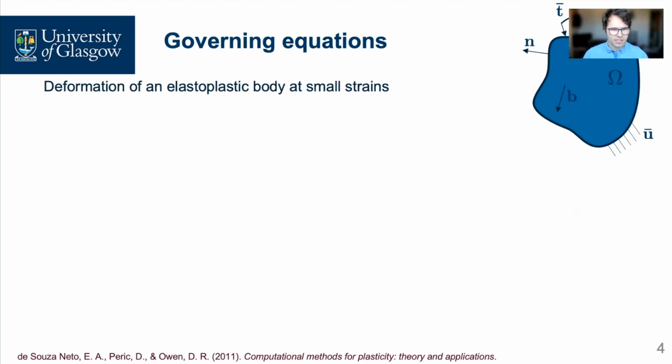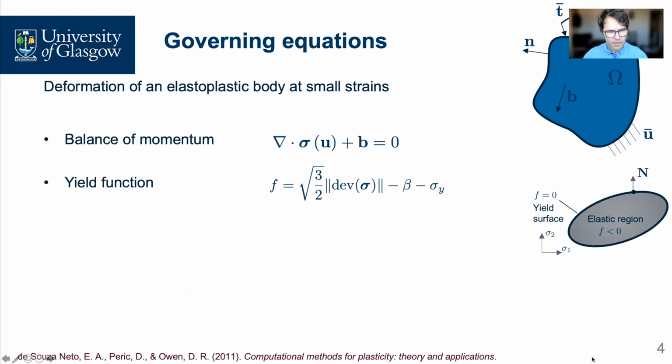So let's start. We will consider an isotropic elastic body under prescribed body forces, boundary conditions, and displacements. And as usual in mechanical problems, we have to satisfy the balance of momentum. In case of plasticity, the material properties depend on the current stress state, and the distinction between purely elastic and elastoplastic is determined by the so-called yield function.